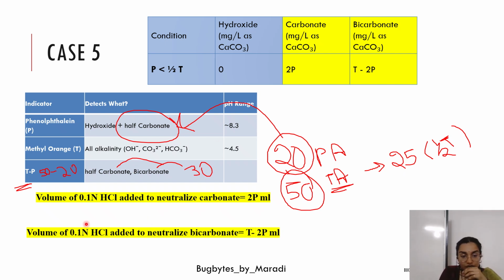For the remaining one, the volume of 0.1 N HCl added to neutralize the bicarbonate is T minus 2P. Now that is 50 minus 40, that is 10 ml. So 10 ml to neutralize bicarbonate. 20 plus 20, half was neutralized in PA, half was neutralized in TA. So 40 will become your carbonate answer.